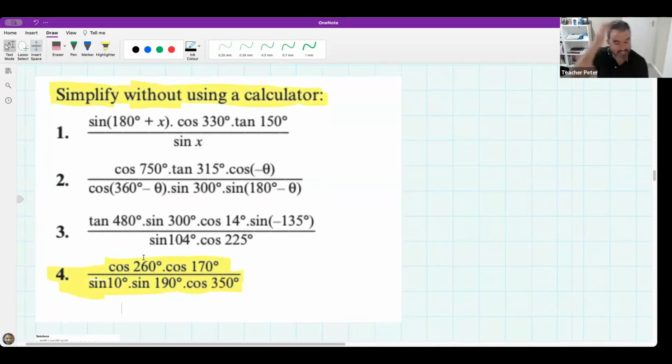I want you to say done in the chat when you're done. If you are confused or need some help, ask a question, or just put your hand up, and an audio question is probably the quickest. But you're definitely going to have to use a combination of co-ratios and horizontal reduction formula and stuff. So see if you can do number 4 by yourself. Otherwise, I'll scan for questions in the chat.